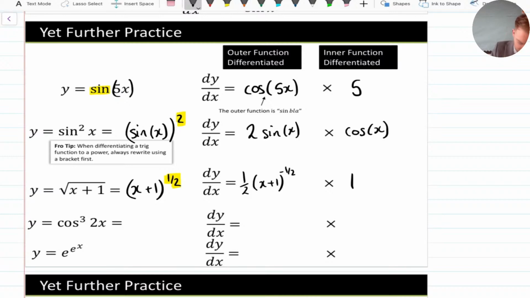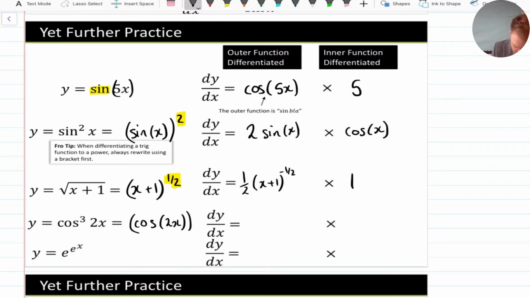This one here is a little bit trickier again. So here we've actually got 3. Now, I told you there was 3, didn't I? So I told you that sometimes there were 3 layers. So let's just talk about what those layers are. Let's write it like this first: cos of 2x all to the power of 3.